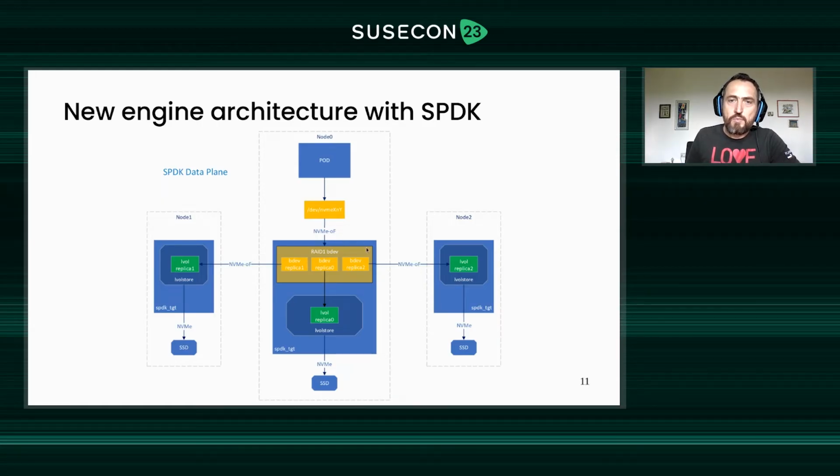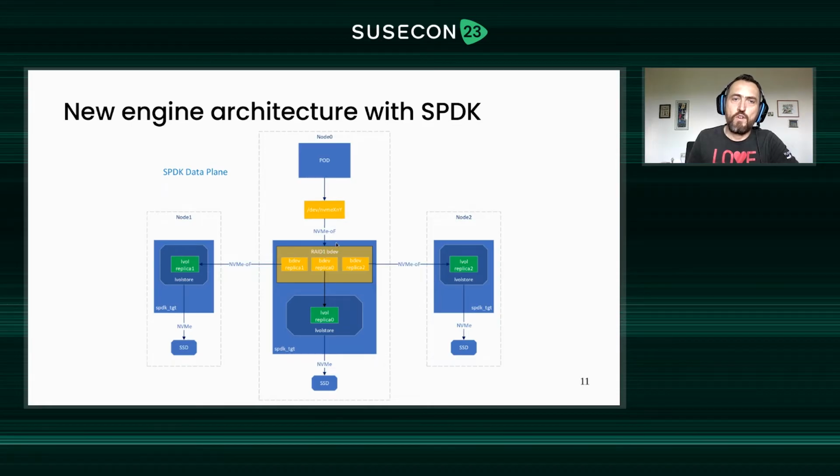And inside SPDK, we create a RAID 1 BDEV that receives the read and write operations from the Linux block device and splits the operation over multiple replicas of the same data.